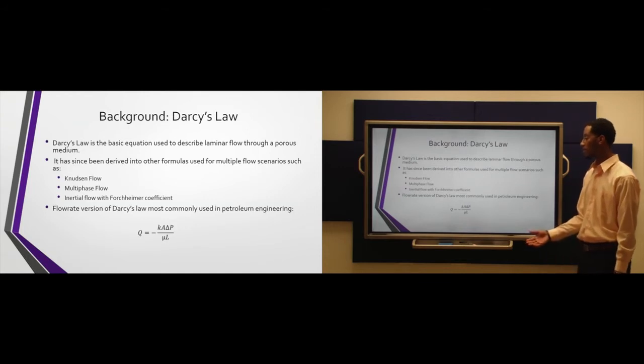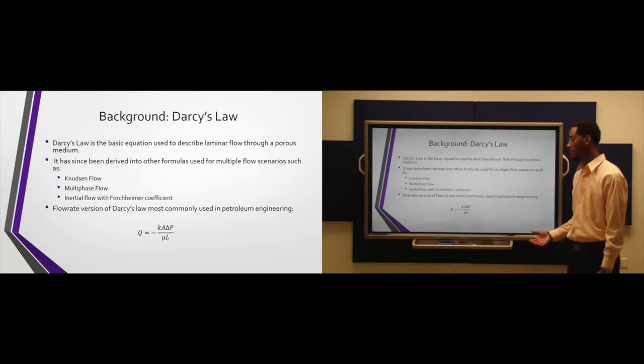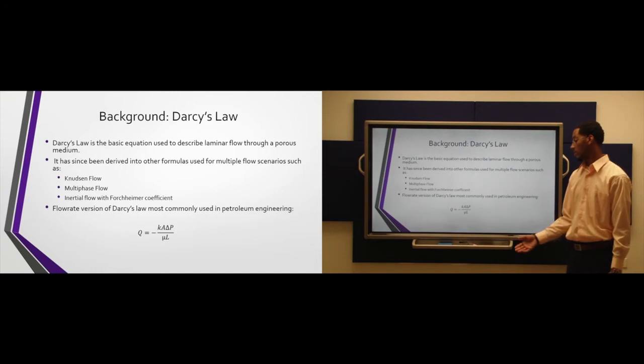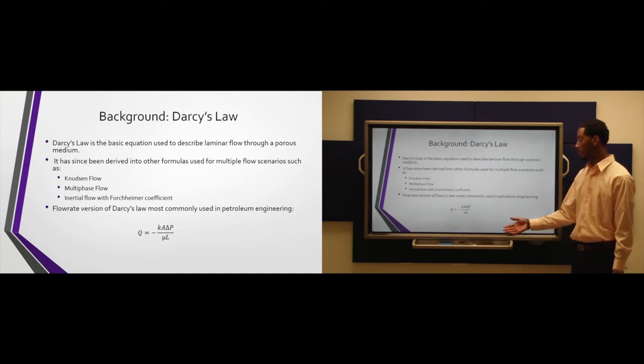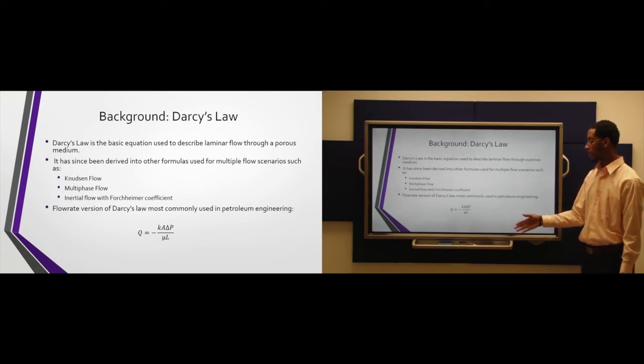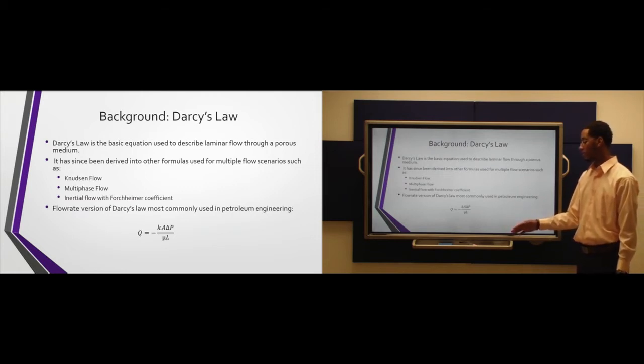The flow rate version of Darcy's law, most commonly used in petroleum engineering, is illustrated as Q, the flow rate, equals permeability times the area multiplied by the difference in pressure, divided by the viscosity of your fluid times the length of your pores.